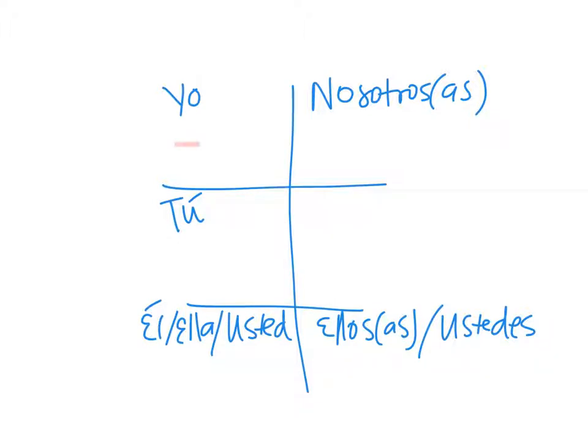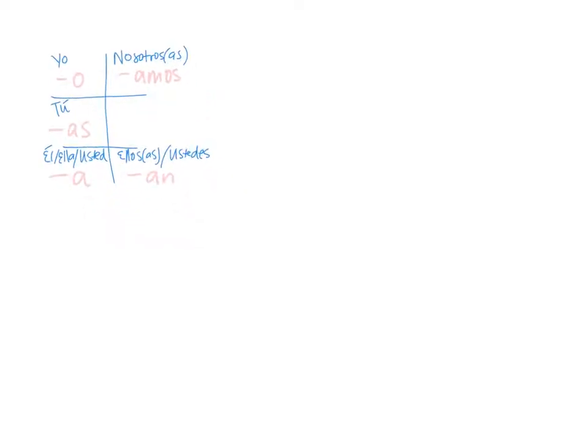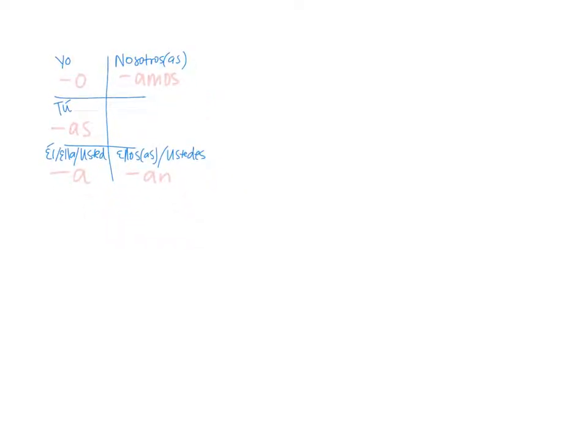The yo ending is o, the tú ending is as, the él, ella, usted ending is a, nosotros is amos, and ellos y ustedes is an. All right, so you should know that. That should be old news to you now.